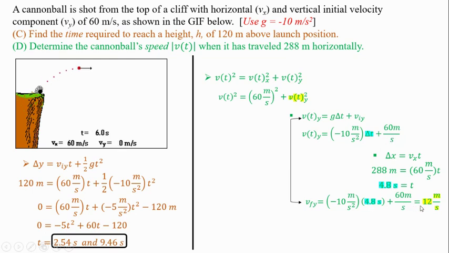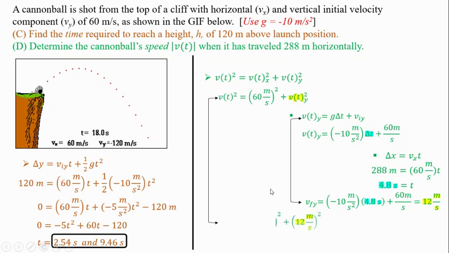And then if you do that on your calculator, you should get a value of 12 meters per second. Okay. Now, what do I do with 12 meters per second? This is the velocity after it has traveled 288 meters to the right. So this is the vertical component. You notice here it says VFY. It's not VF, it's VFY. So I just found that VFY is 12 meters per second.